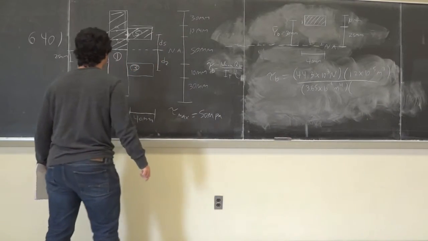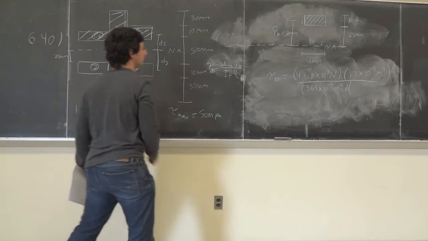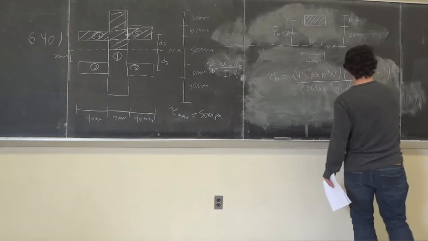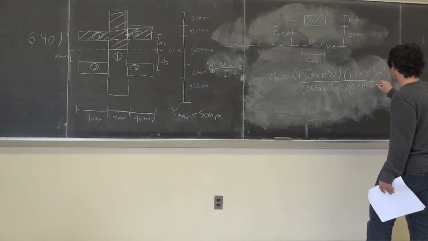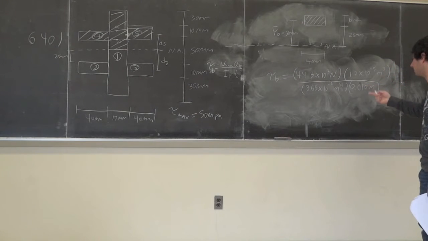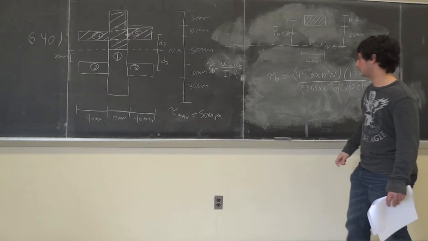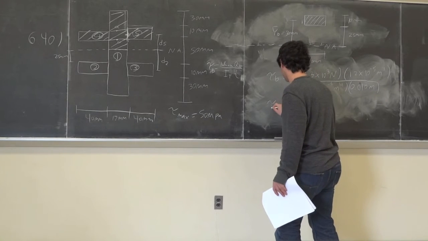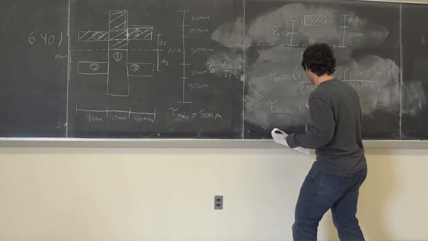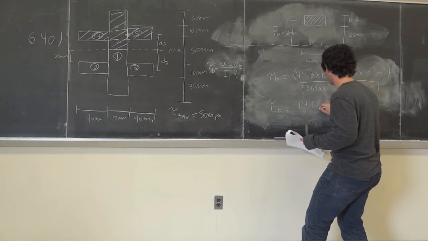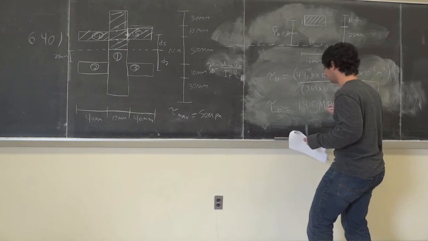In part B the thickness is just this, so it's 10 millimeters, so it's 0.010 meters. You don't need to add the extra 0. So tau B is equal to 14.6 MPa.